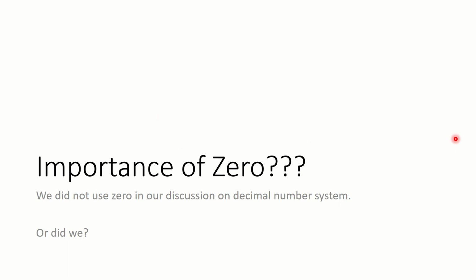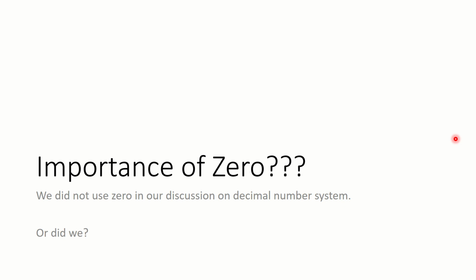The first question I would ask is about the importance of 0 that I had highlighted so much. Suddenly we do not find 0 being discussed anymore when I discuss the decimal number system. It seems that 0 was not used in order to understand how we extract the knowledge about the quantity encoded in the decimal number.